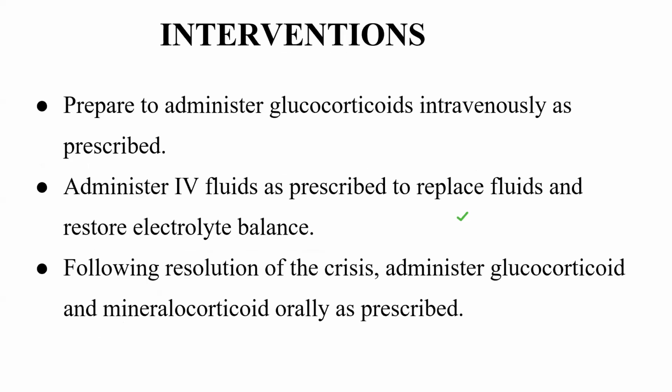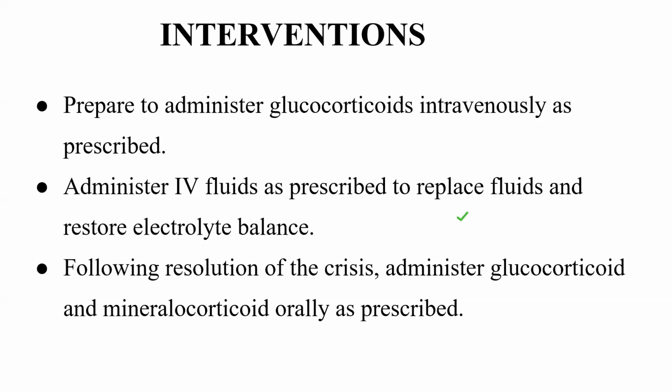Intervention, what do we do? The nurse prepares to administer glucocorticoids intravenously as prescribed. For Addison disease, the patient can still take oral medication. But for Addisonian crisis, it's an emergency. The patient will have to take the glucocorticosteroid intravenously. You also want to administer IV fluid as prescribed to replace fluid loss and restore electrolyte balance.